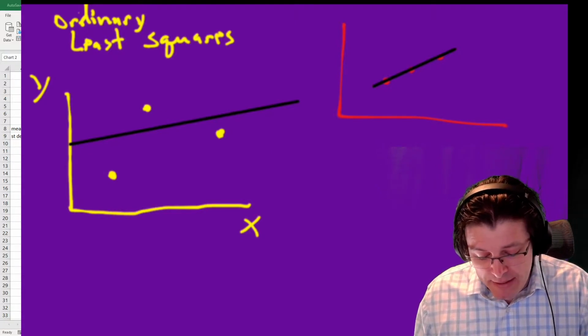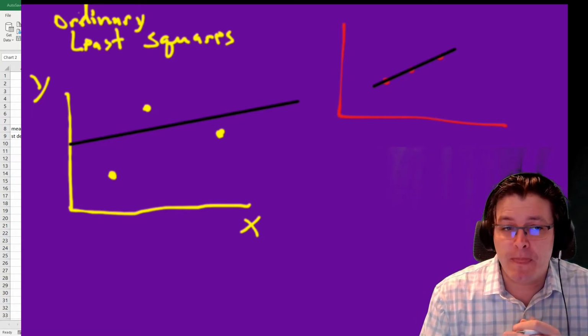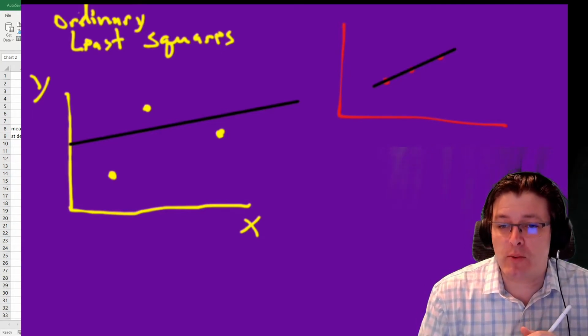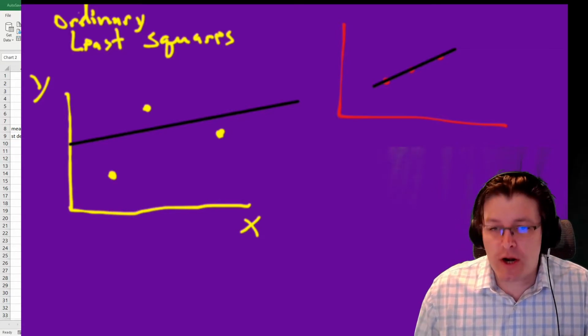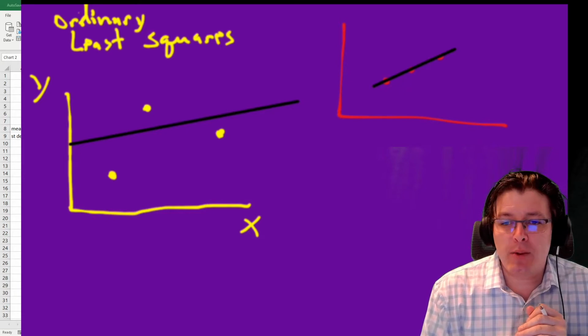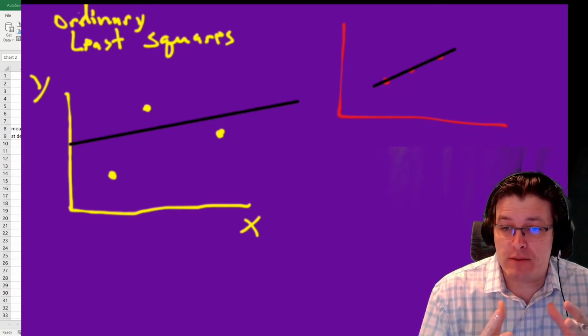Okay, so the method that we're going to use is to look at the deviations from this line. Now we call that something different. We call it a residual. But we're going to measure the distance, and we're going to focus on the y value.